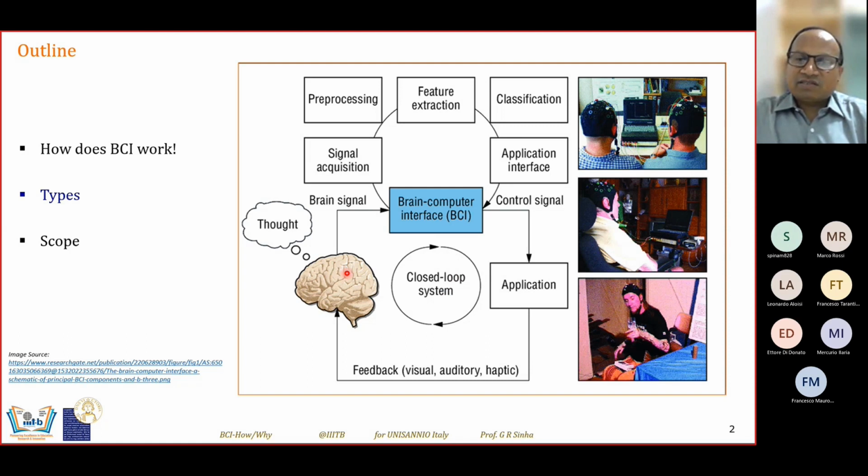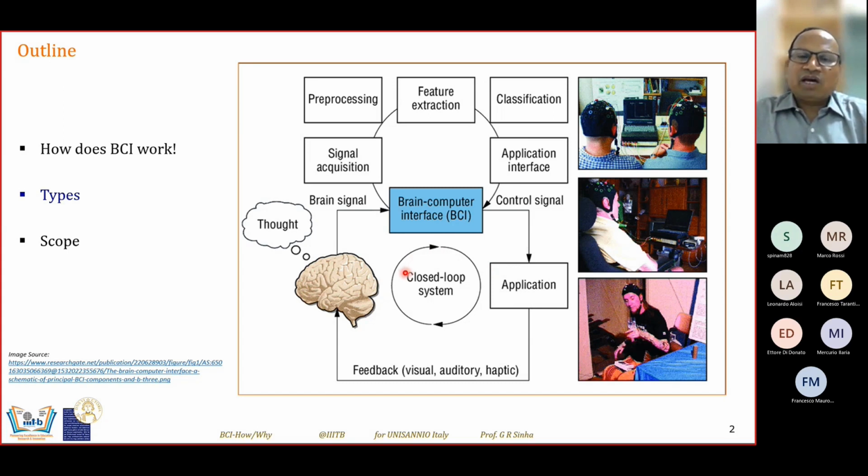We extract the features. The signal is decoded by the computer using ML or AI techniques, and it can be used to generate commands, and those commands can operate robots, toys, or assistive devices. In that case, there is no need of a closed loop system.